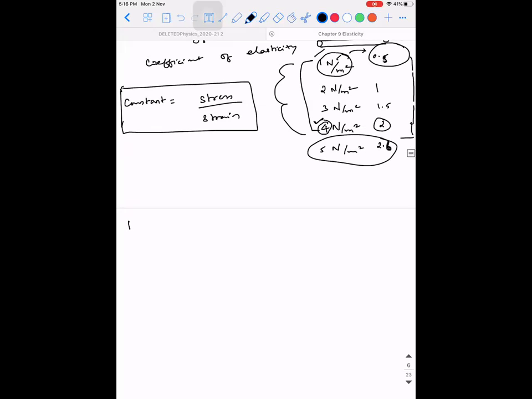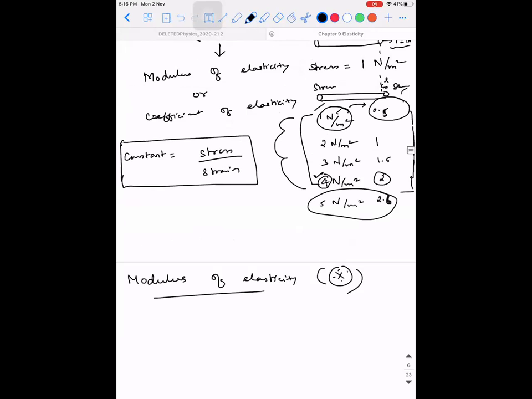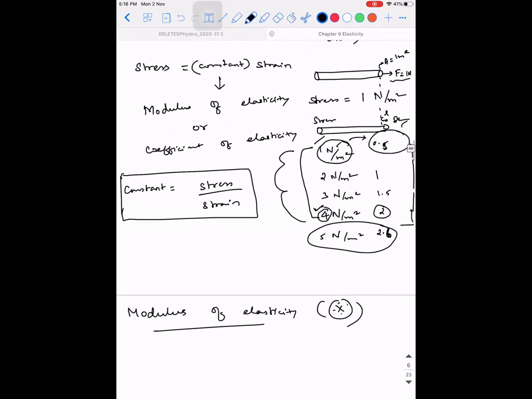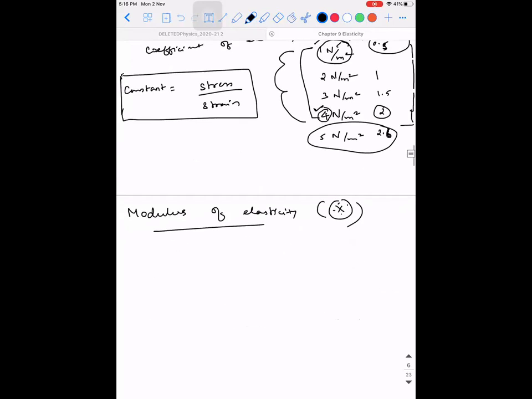Next, we need to see the definition of modulus of elasticity. This is another important point. The constant is what I called the modulus of elasticity, right? So I'm calling it stress by strain. Can you give a definition to it? Modulus of elasticity is a ratio.